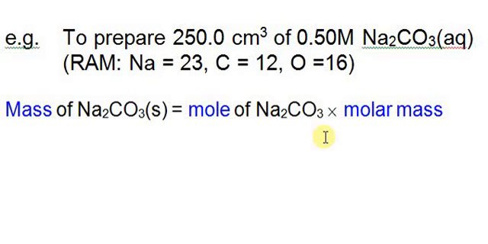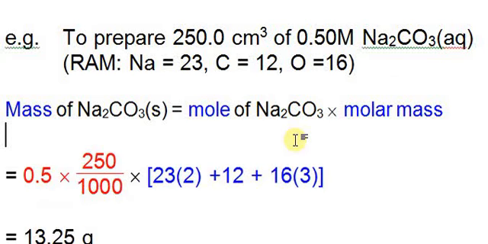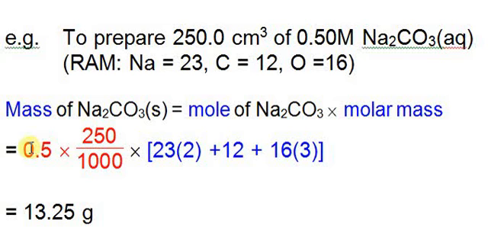And to find the number of moles of the solute in a solution, you just multiply the molarity with the volume. And don't forget that the volume is presented in decimeter cube, so we need to divide 250 by 1000.